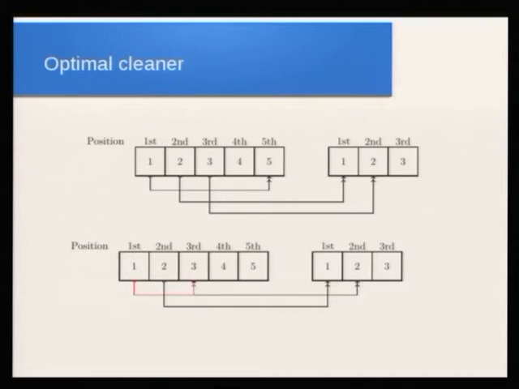So for example, here, if you switch position 1 from cleaning position 5 to cleaning position 3, we see that this length has decreased, right? So yeah, that is the farthest. Always choosing the farthest position is the optimal cleaner.